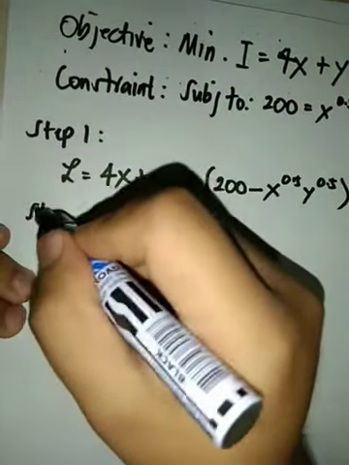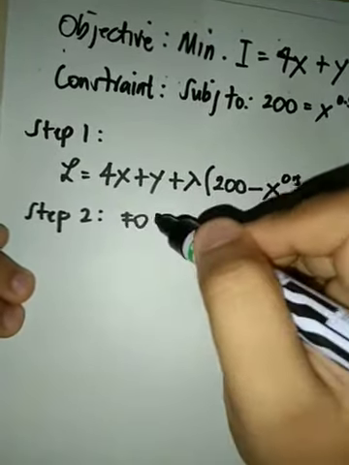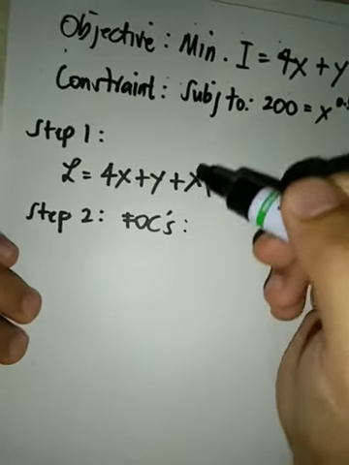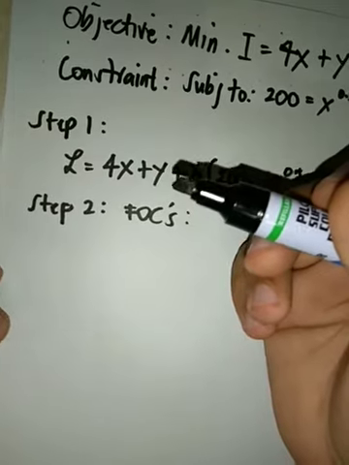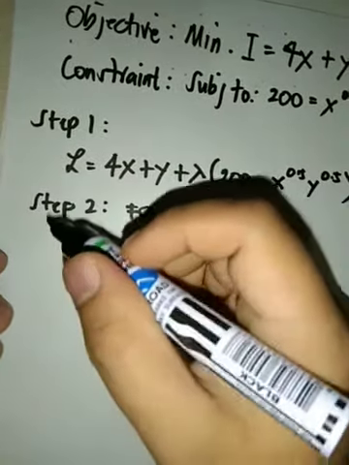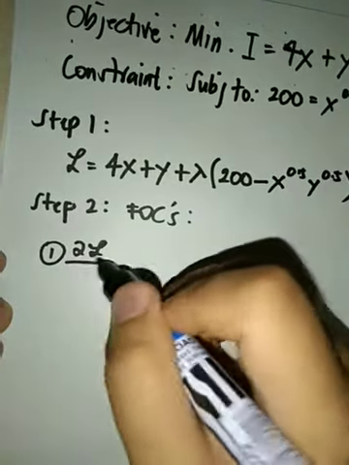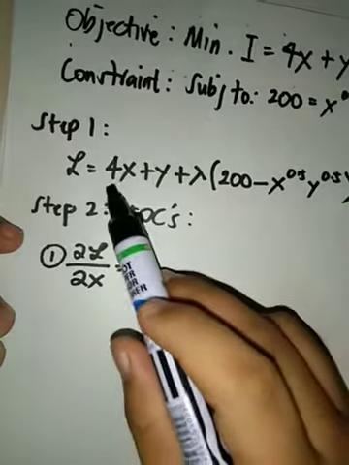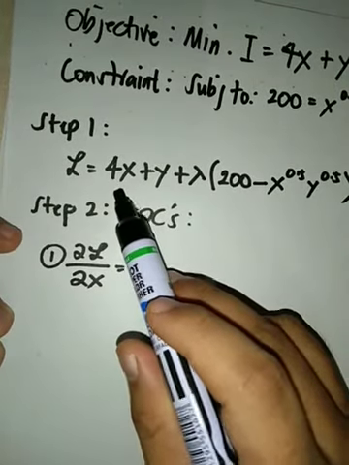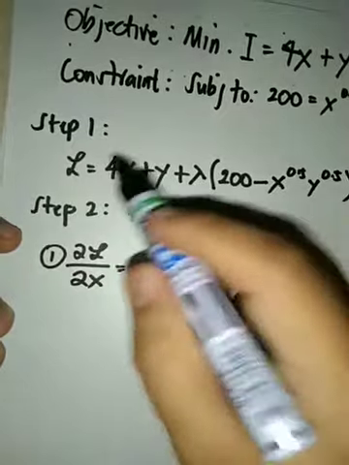For our next step, do the FOCs. We have 3 FOCs because we have 3 variables that we need to consider. First FOC, we have the partial derivative of L with respect to x. You need to concentrate on our x here. What is the derivative of this term?